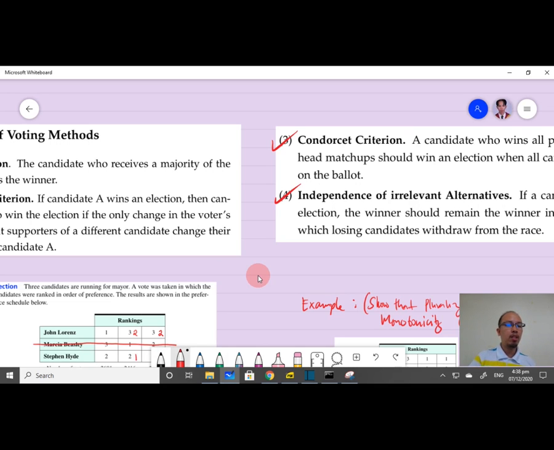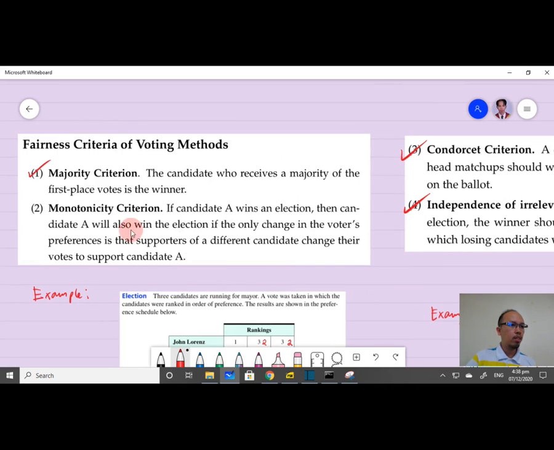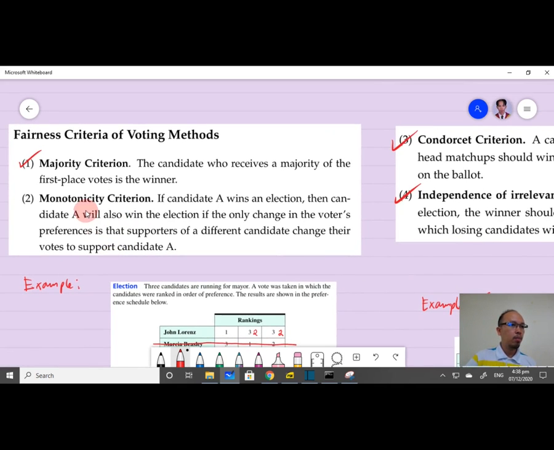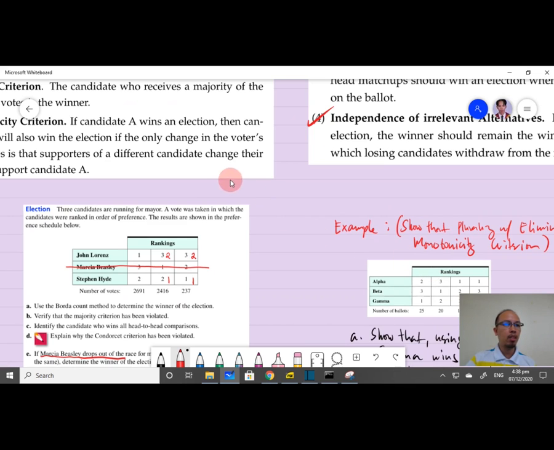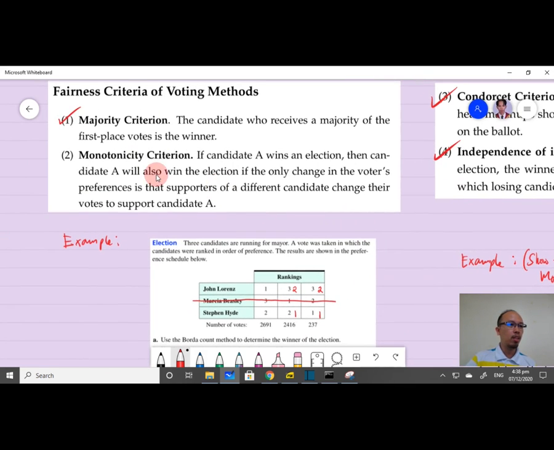Okay, so what remains is this criterion here, the monotonicity criterion. So I prepared an example here, this example one here. Let's try to illustrate this criterion. So it says, if candidate A wins an election, then candidate A will also win the election if the only change in voters' preferences is that supporters of a different candidate change their votes to support candidate A. So what does this mean?